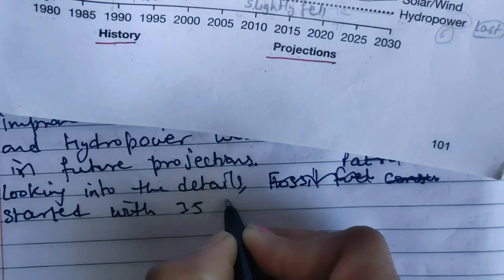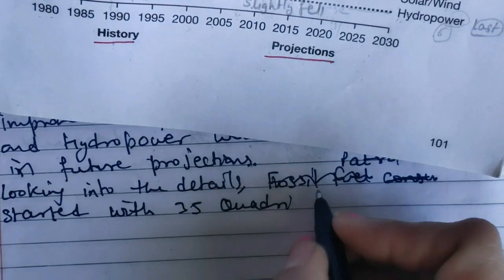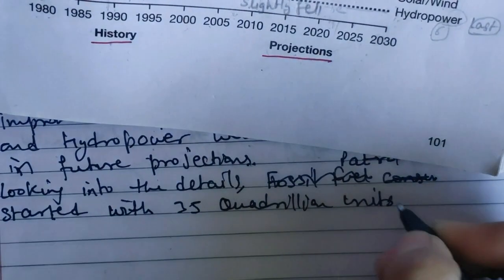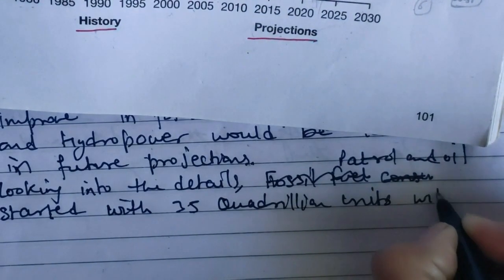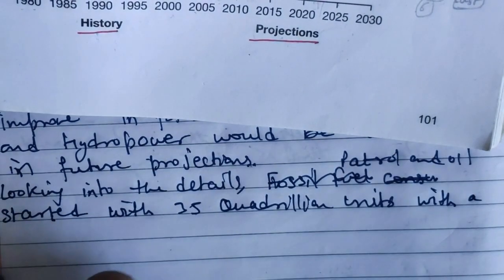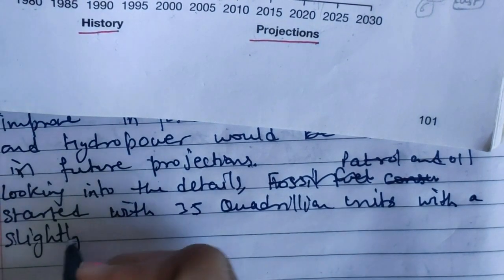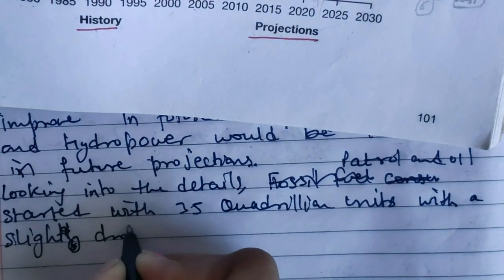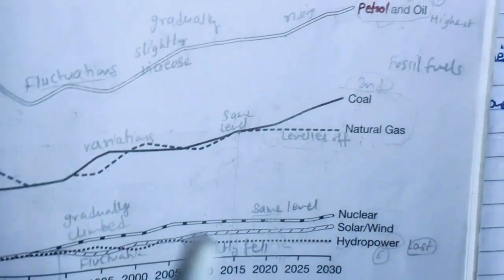35 quadrillion units with a slight drop, okay, slight drop with fluctuations are also there here.